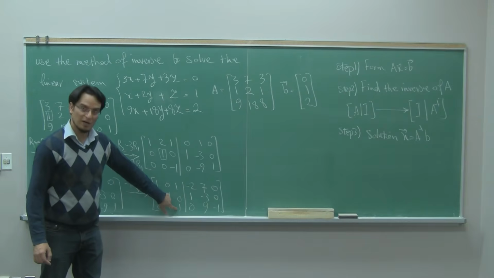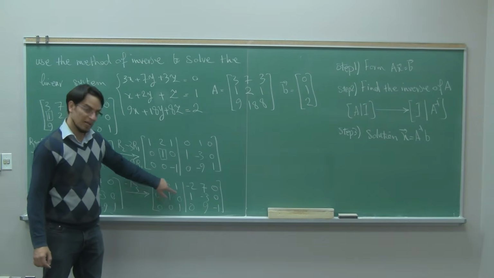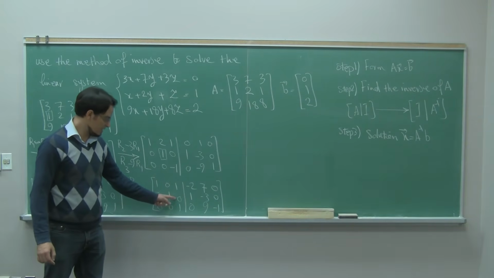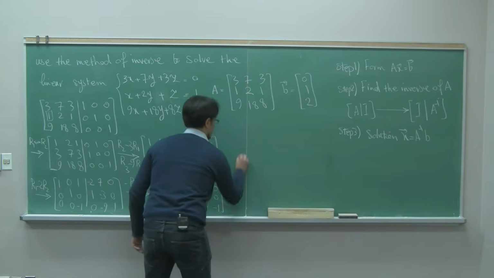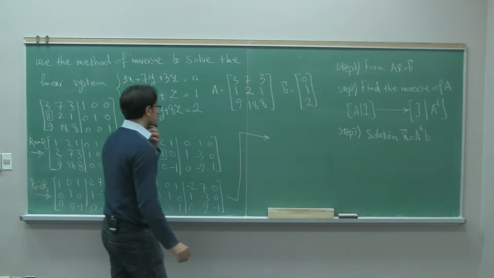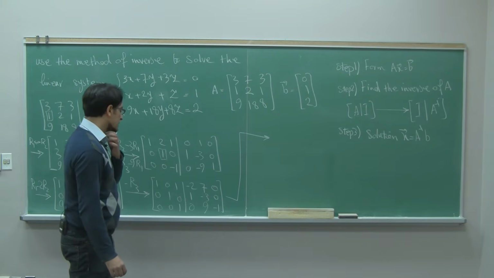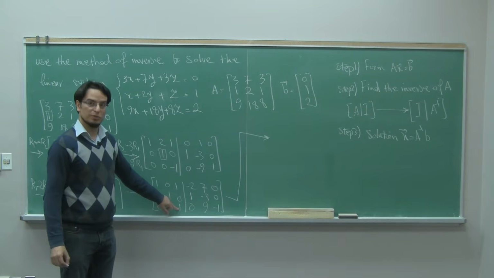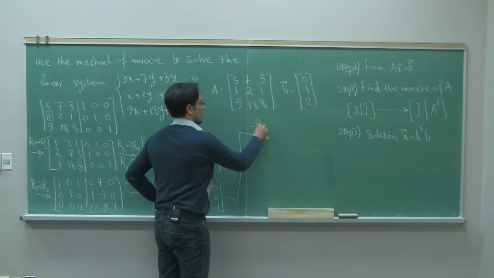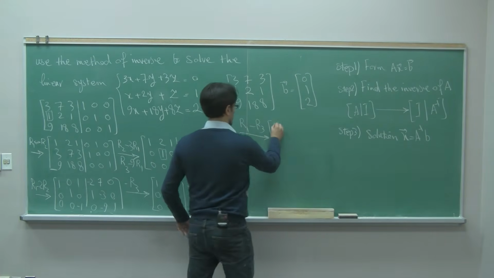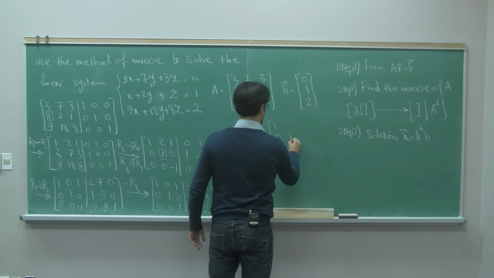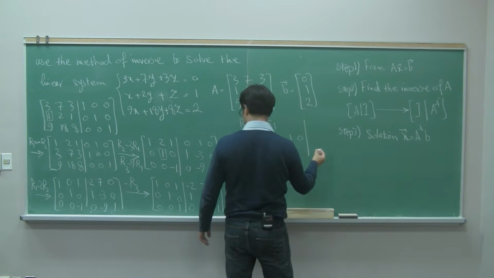This is leading 1. I have to make everything else in that column 0. This is 0 already. I have to make this guy 0. So let me do it here. If I multiply row 3 by negative 1 and add it to row 1, then I'm done. So I will get 1, 0, 1, 0. Row 2, I don't change it.